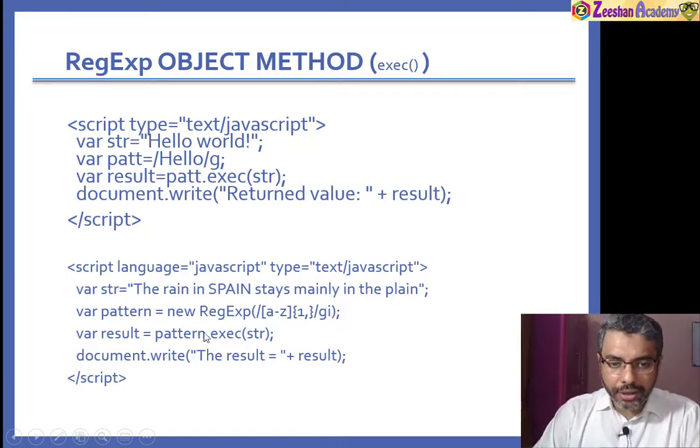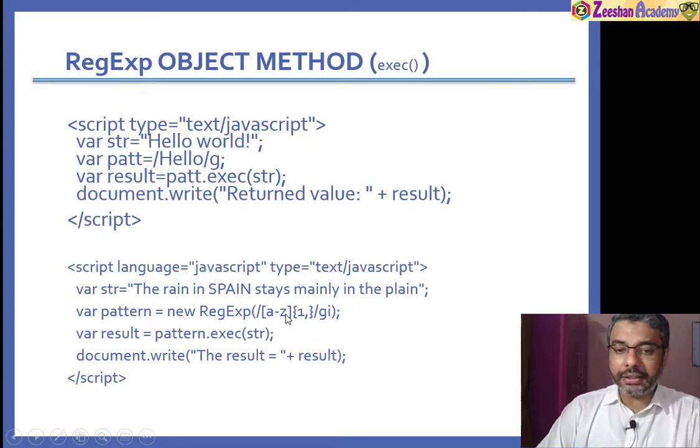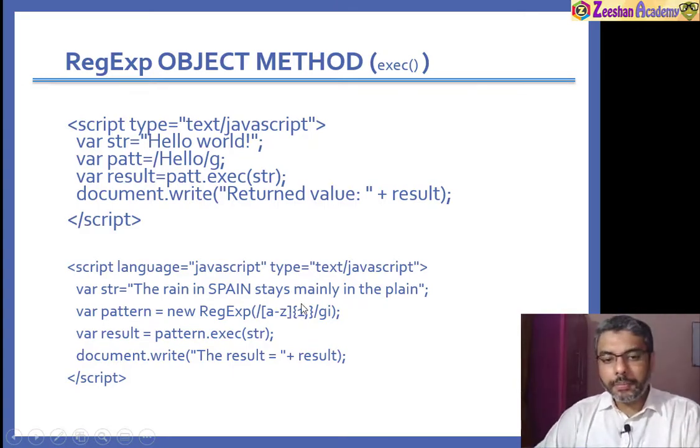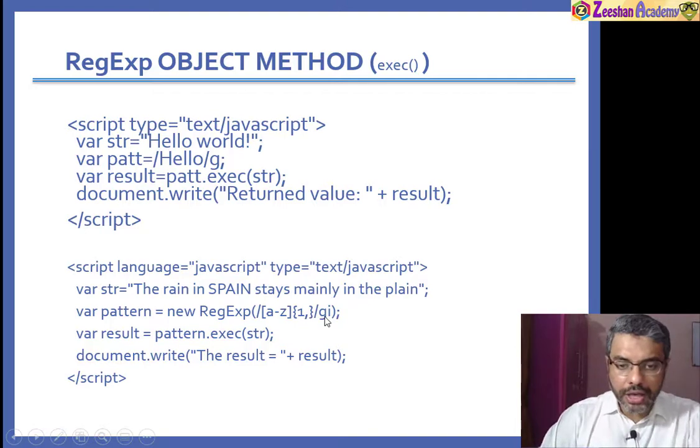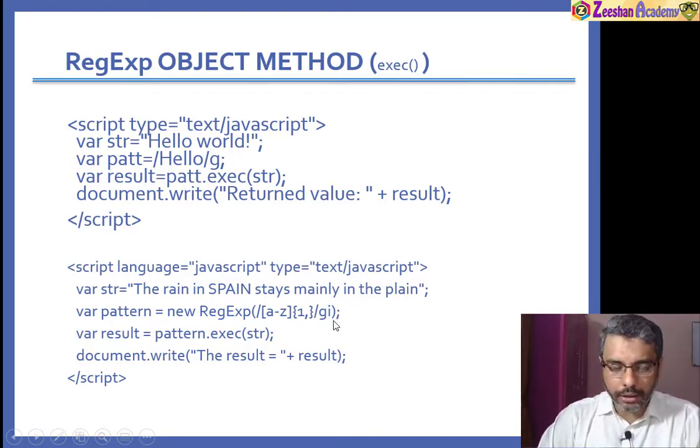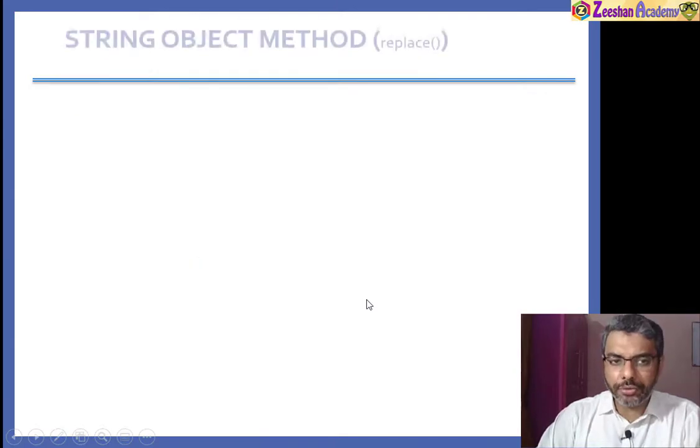The result is pattern exec string. So just ensure that this string that you have specified contains at least one character in the a to z range, with the global and ignore case flags. Okay. So we use these kinds of patterns to match values.